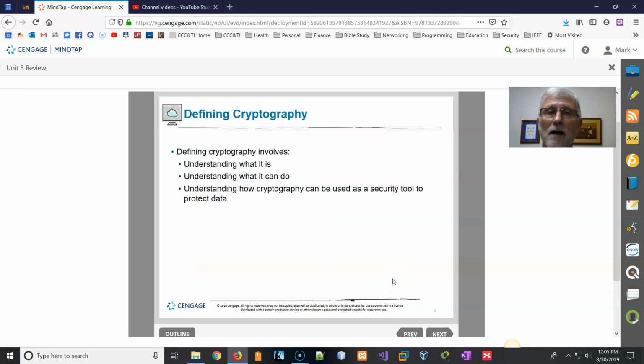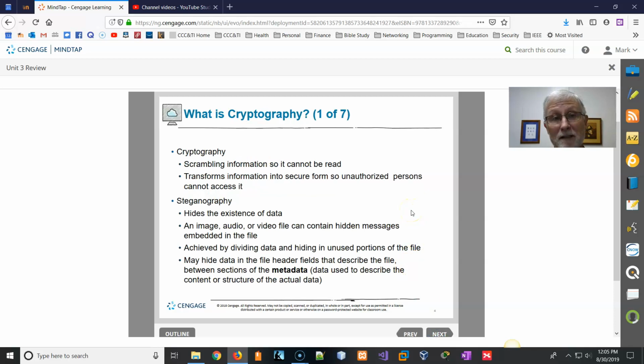So what is cryptography? Cryptography basically involves three things: understanding what it is, what it can do, and then how it can be used as a security tool to protect the data. Now, what is it? Basically, it is scrambling of information so it can't be read.